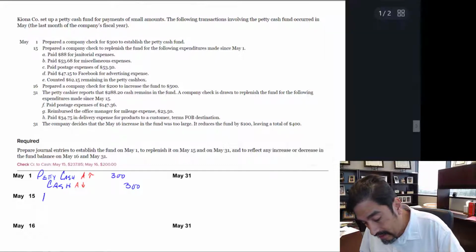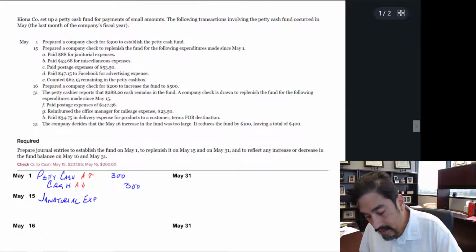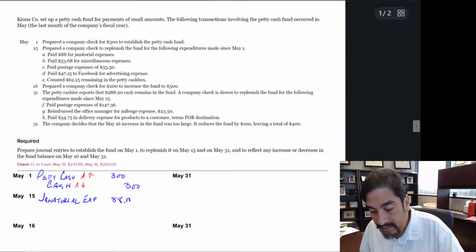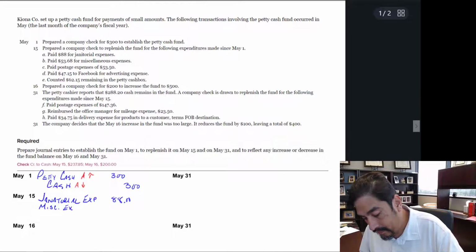We've got janitorial expense for $88. We've got miscellaneous expense for $53.68.